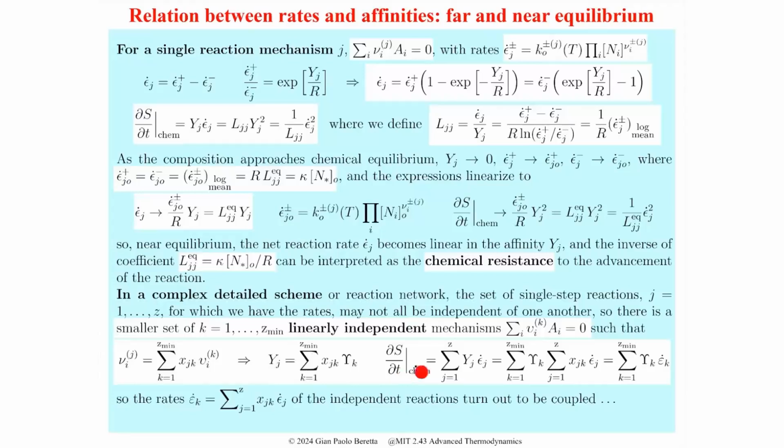And so when you substitute these into the expression for the rate of entropy change, which for many reactions is the sum of the products of the rate times the affinity for each reaction, that substitution, plus a switch of summation symbols, and recognizing that this linear combination of the rates is also the rate of the independent reaction, turns out that this summation, which before had the 24 terms, now has the minimum number of terms, which is the number of independent reactions, their rates and their affinities.